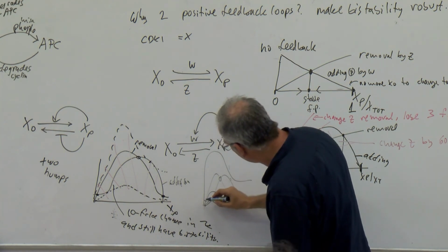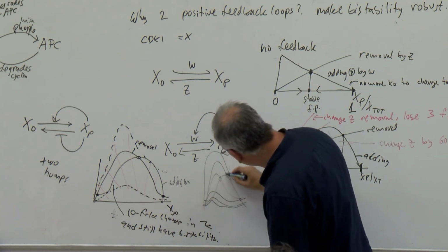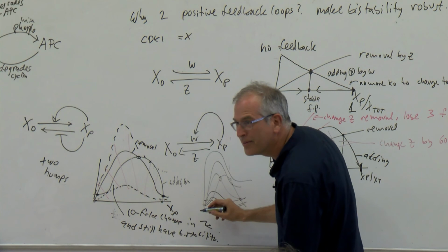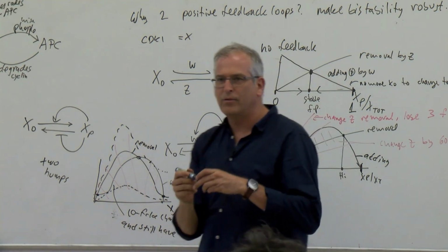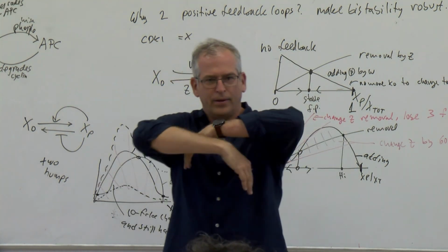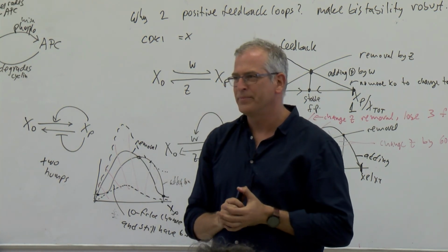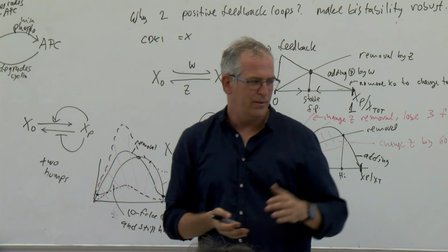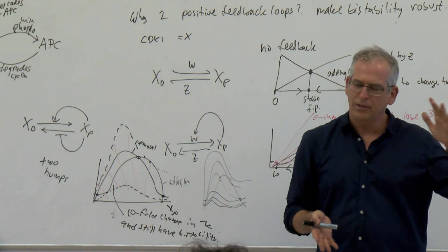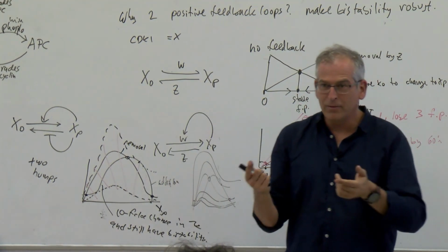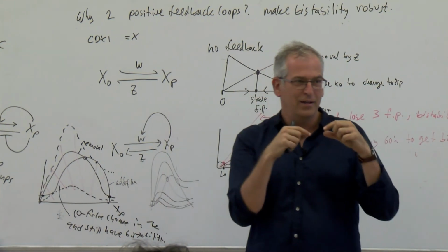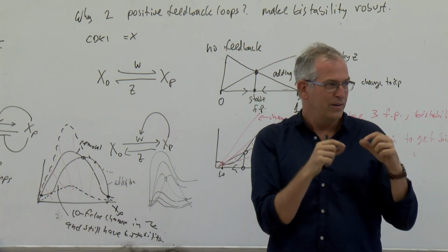So two humps like that are geometrically just easier to cross 3 times. And in fact, there's a 10-fold larger parameter range to get bistability. And bistability is important for this tick-tock action of the relaxation oscillator.